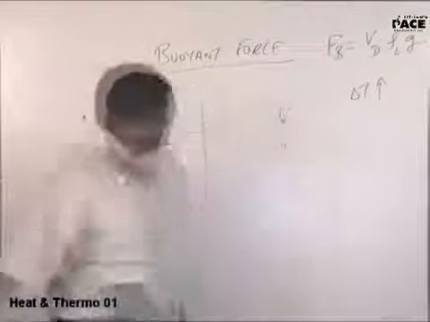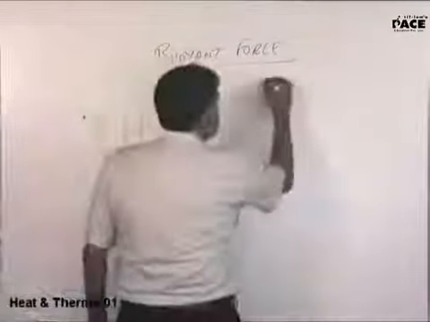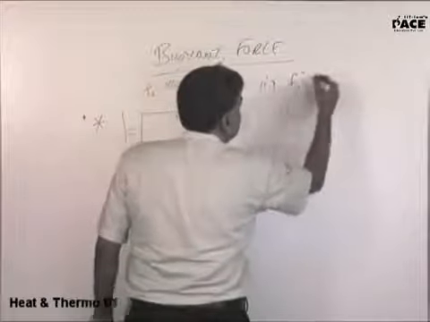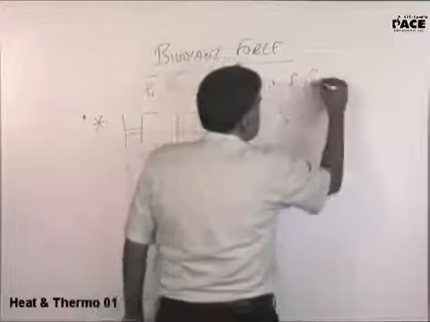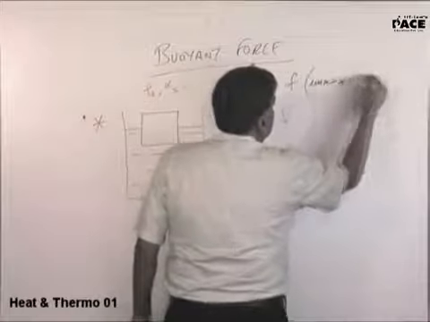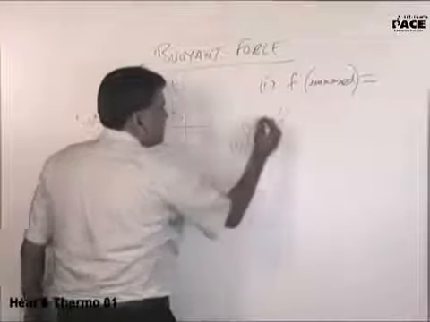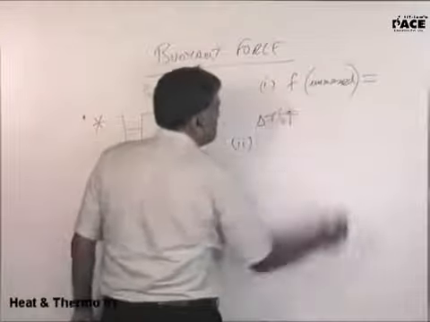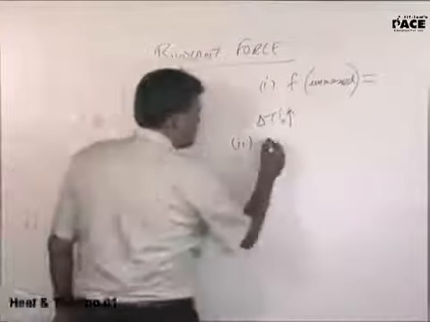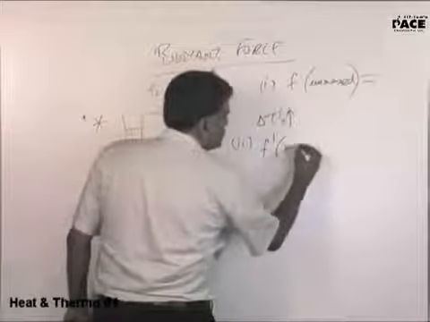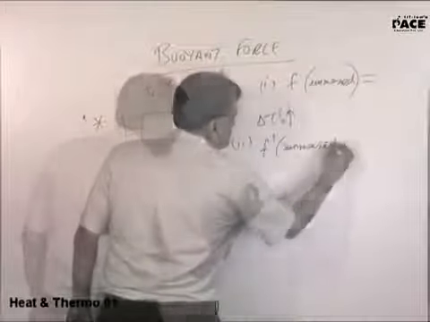What's the question? First question, what is the fraction of the immersed portion of the cube? Second question, after you increase the temperature by delta T, what is the new fraction immersed?